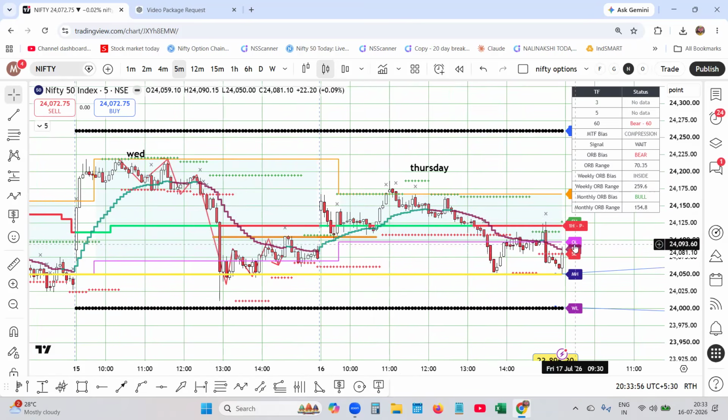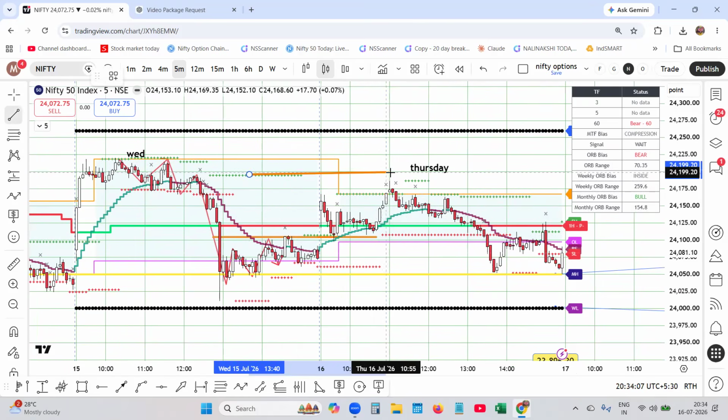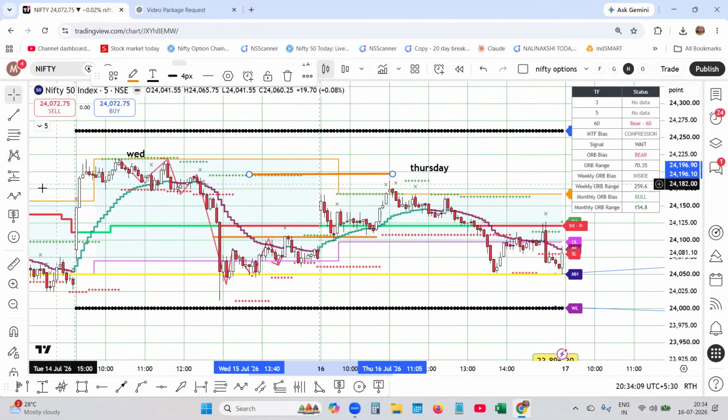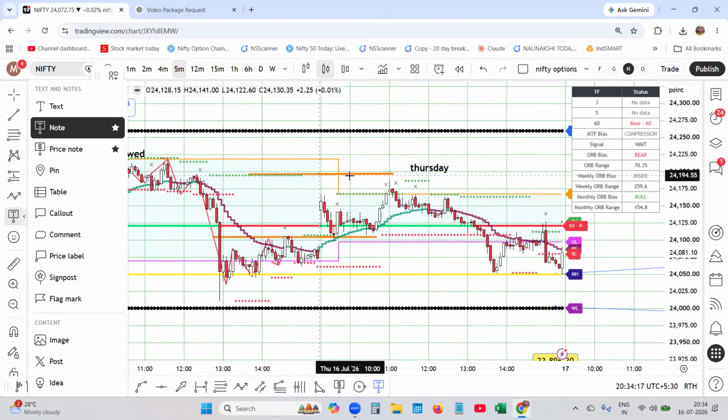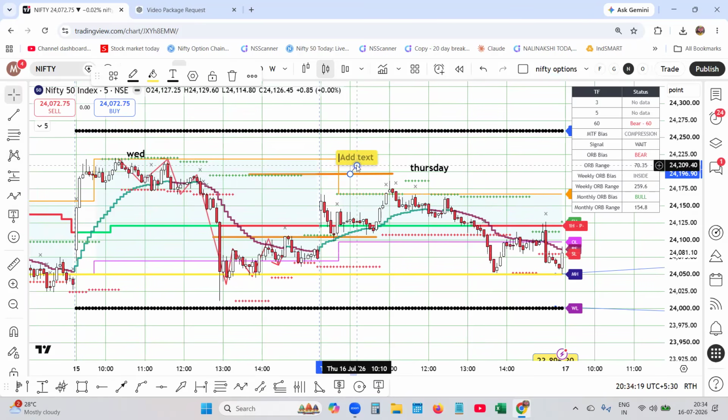It has plotted over here, and the ORB high. The market could not cross this. And also notice over here, this line itself says lower high. Let me write it down. This is lower high.